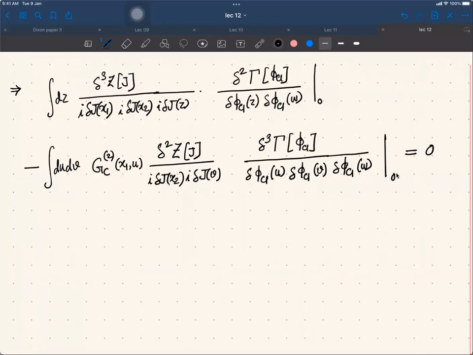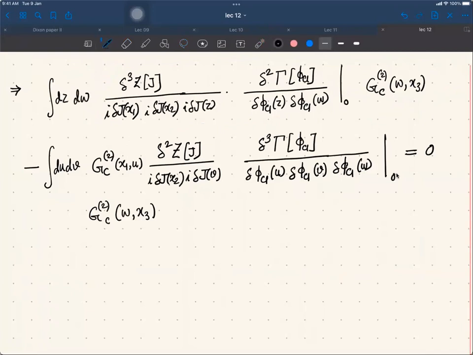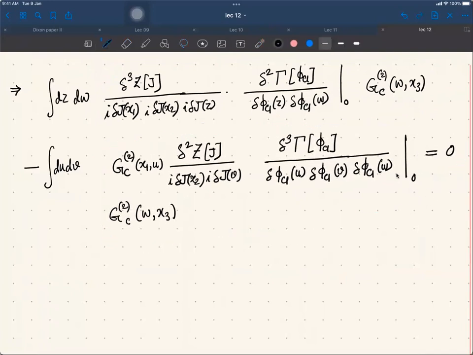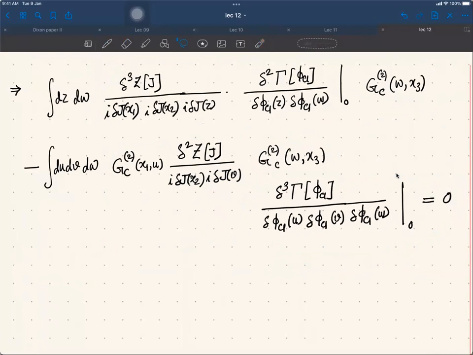I have x1 and x2, and then multiply with G2 connected W x3, and then integrate over W. So then, write it in a slightly better way. This is what we get.